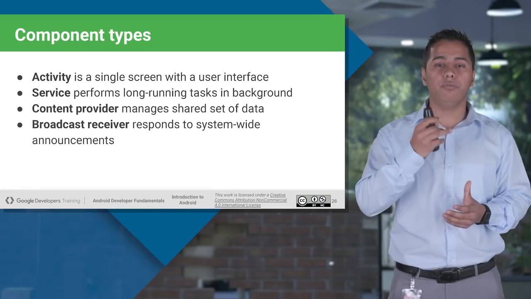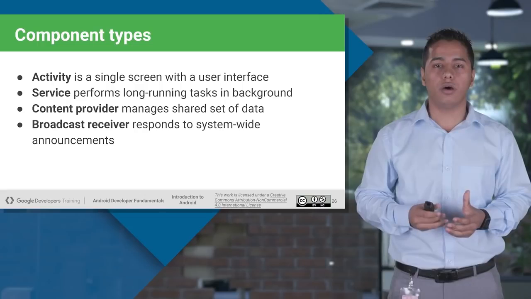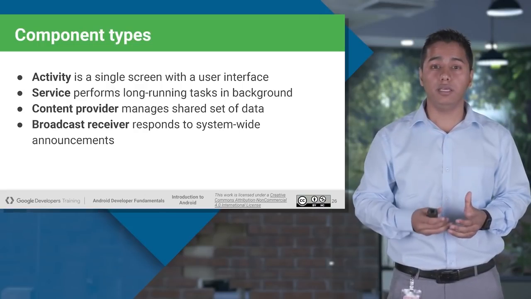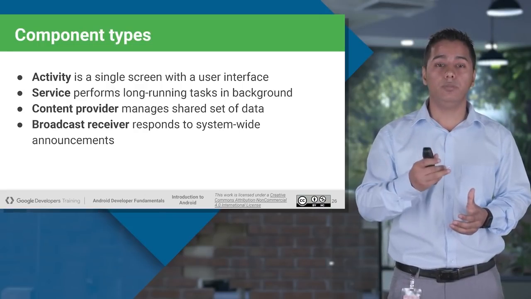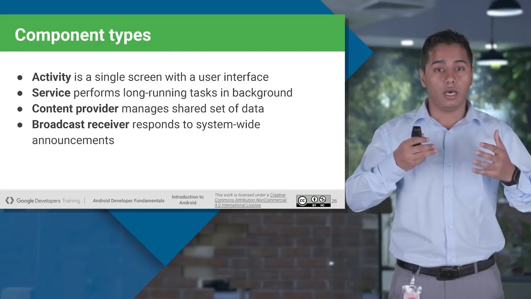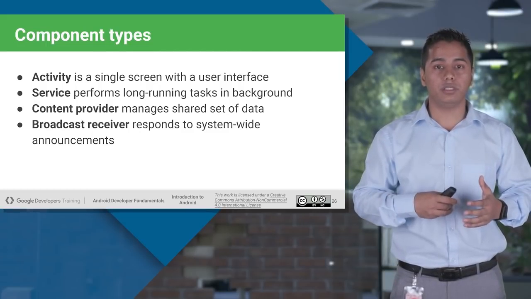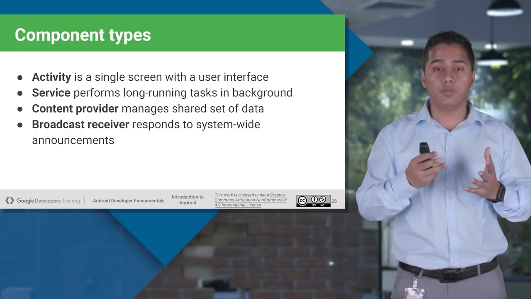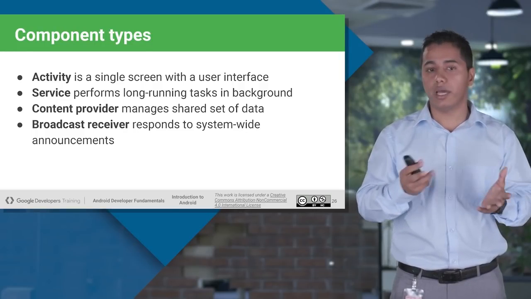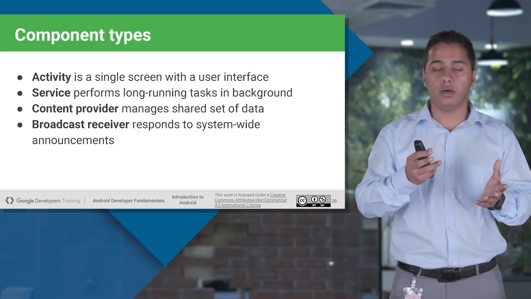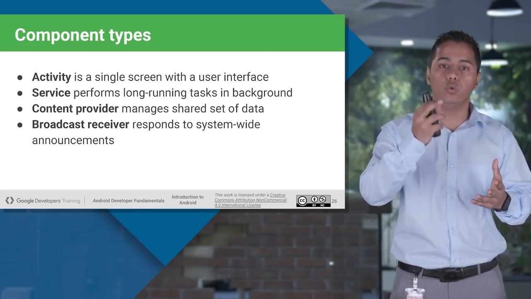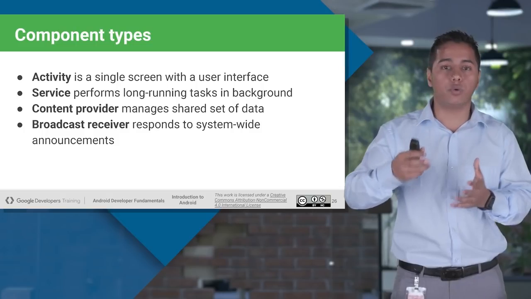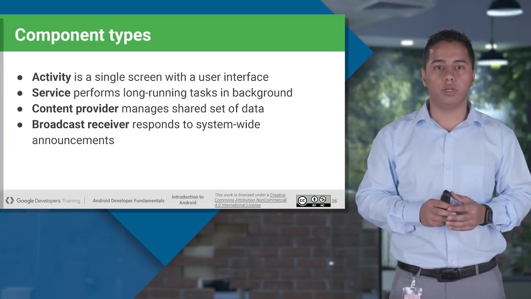For example, if somebody sends you a message over WhatsApp, there will be a broadcast receiver in that application which will listen for that particular message. The message is transmitted to the entire device, but only the WhatsApp application will pick that up, while other applications' broadcast receivers will ignore that message.